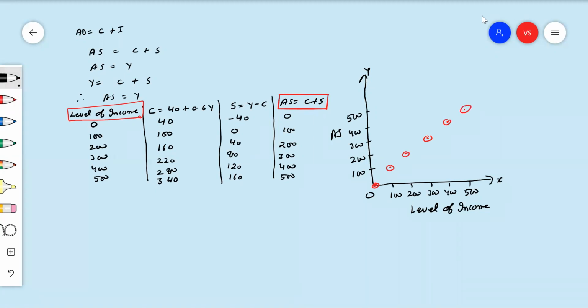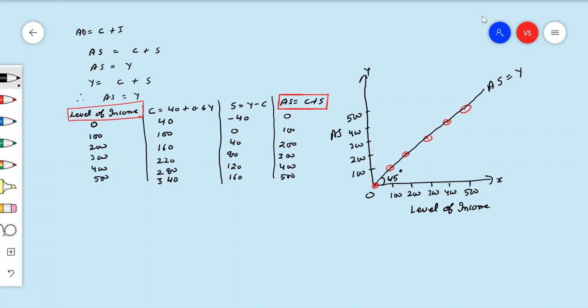Now join all these dots straight, and this is AS, and that is always equal to Y. Make sure this diagram is always at a 45-degree angle. So aggregate supply is the sum of consumption plus savings, and this is the solution for your aggregate supply schedule and diagram.